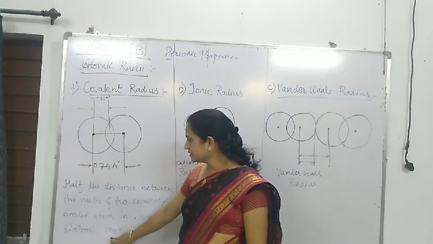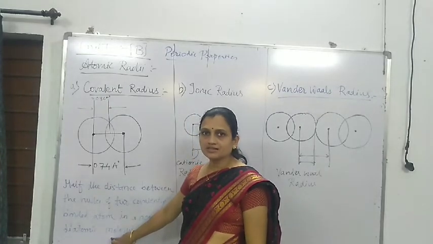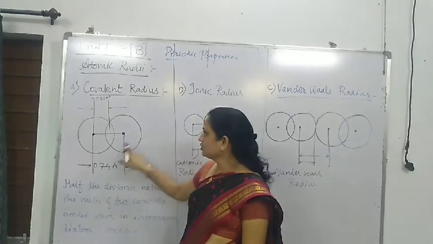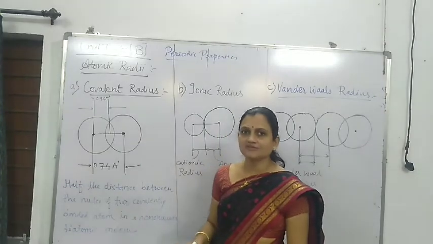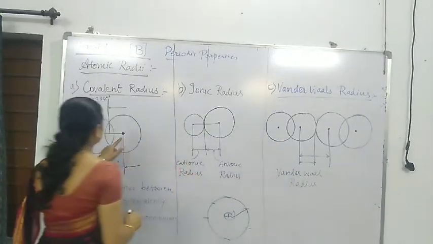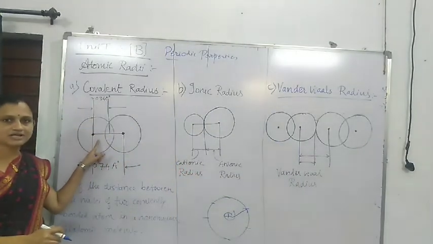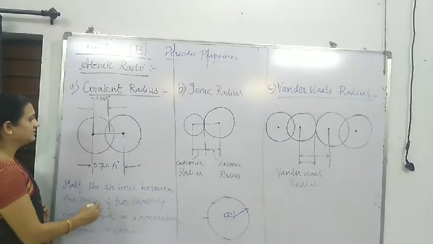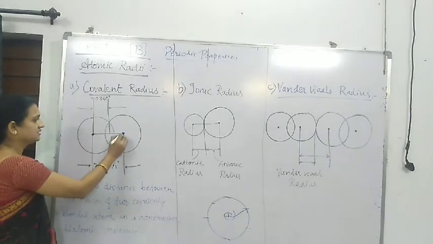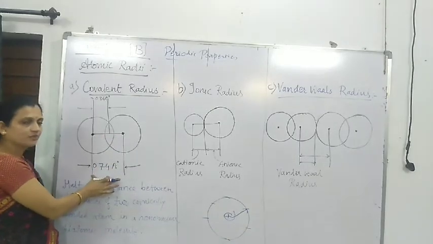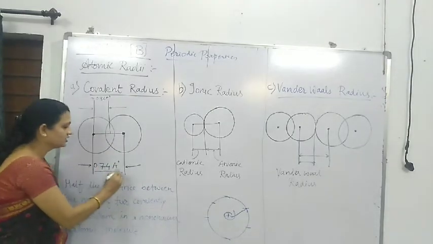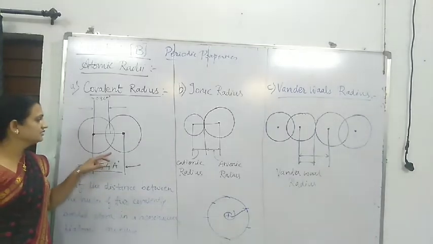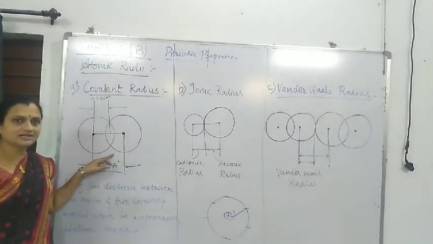Here I have explained the term covalent radius. So what is the covalent radius? Half the distance between the nuclei of the two covalently bonded atoms in a homonuclear diatomic molecule. The full distance between the nuclei of both atoms is 0.74 angstrom, and we are going to calculate the covalent radius.